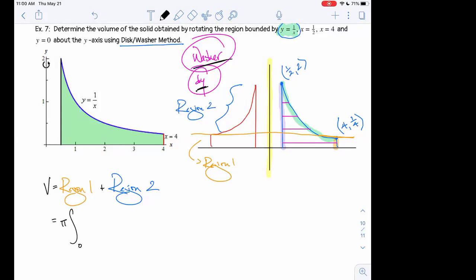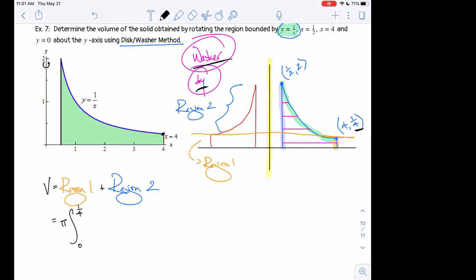The highest y value is actually 1/4. That's like this corner right here. So the top bound for the volume for region 1 is 1/4.